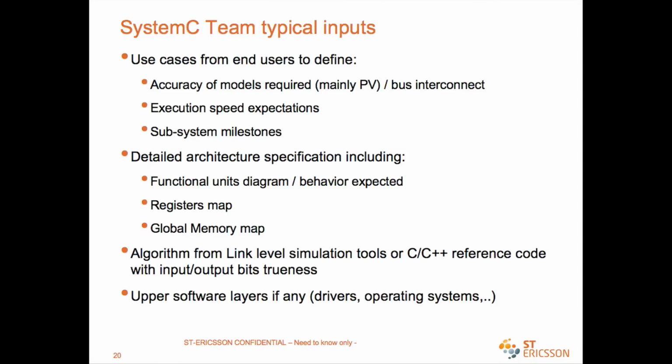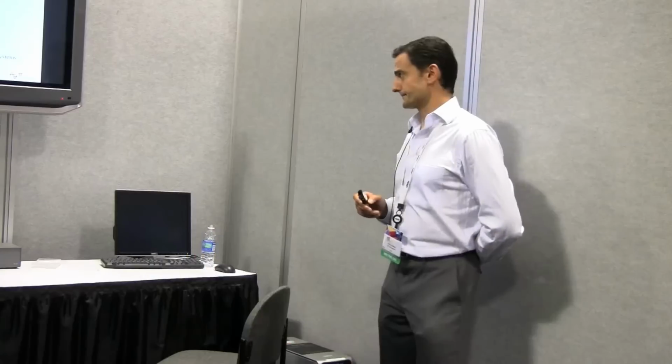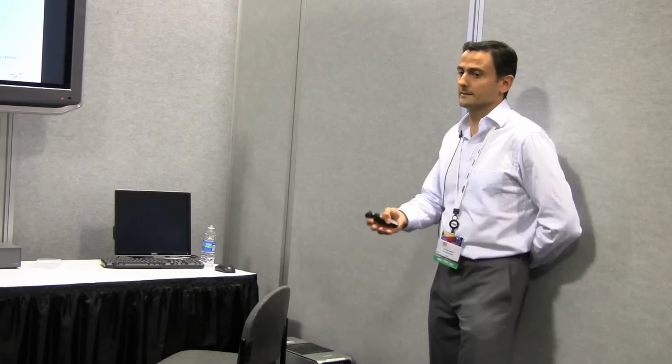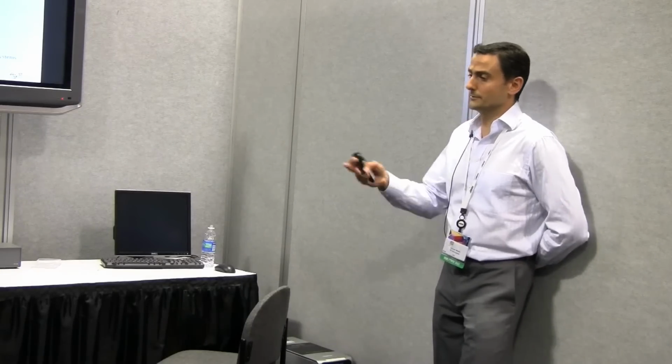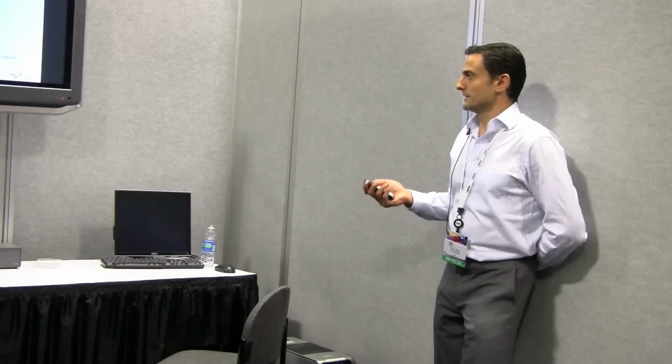We reuse a lot of algorithms from a link level simulation tool. So you need the C code, and the input patterns and output patterns you expect, in order to first validate your block unitarily, and then you plug that with other IPs to create subsystems, and you go up from the ground to the final solution like that. And if you need to run drivers or an OS on top of that, you also need that.